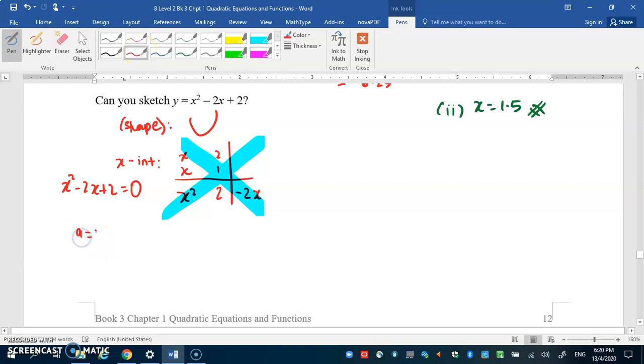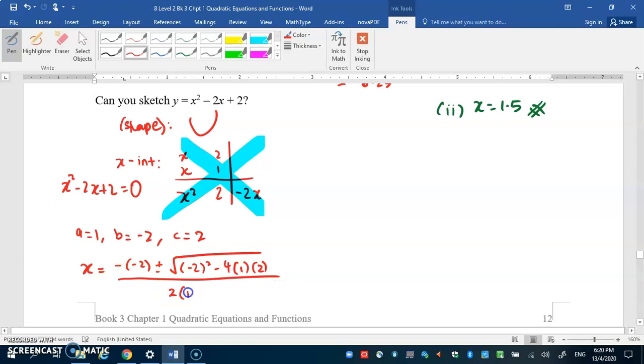A is 1, B is -2, and C is 2. And I'm going to use the formula that Miss Janani taught me. X equals -b plus or minus the square root of b squared minus 4ac, all over 2a. Okay, let's try.